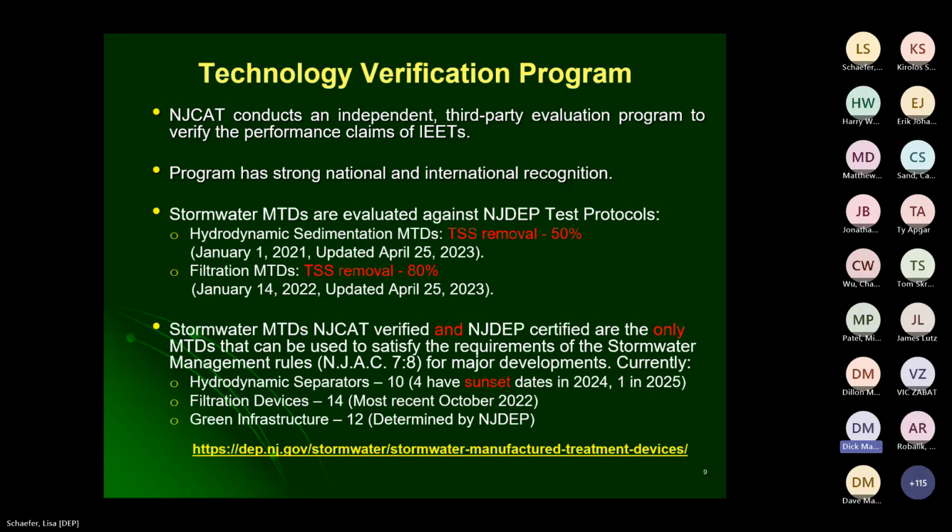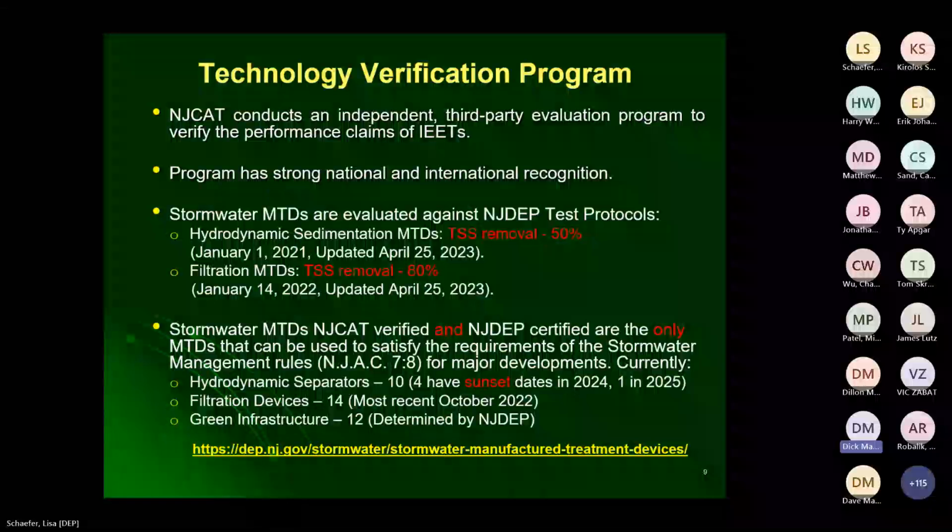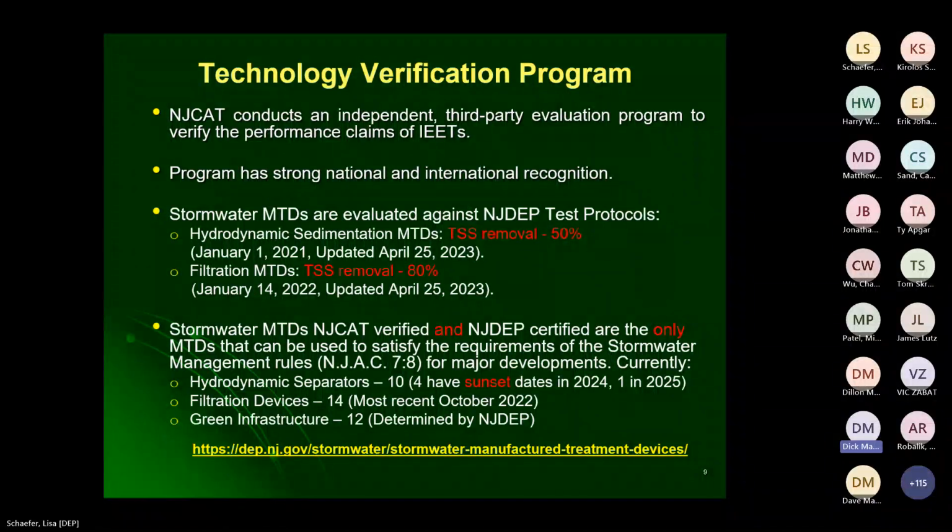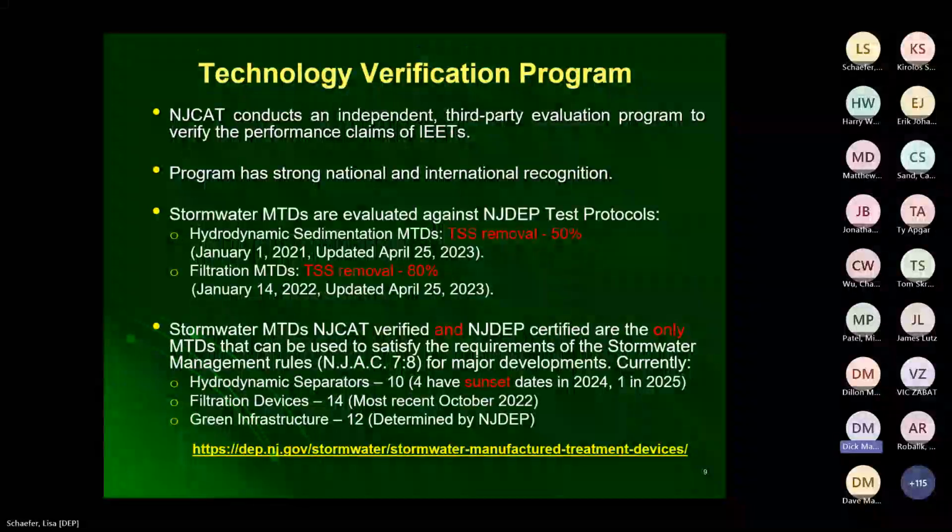Of the currently 11 hydrodynamic separators, remember I told you it went from 10 to 11, 5 will have sunset dates, which means they will no longer be certified in New Jersey, and as a consequence, they will no longer be able to be used on projects.